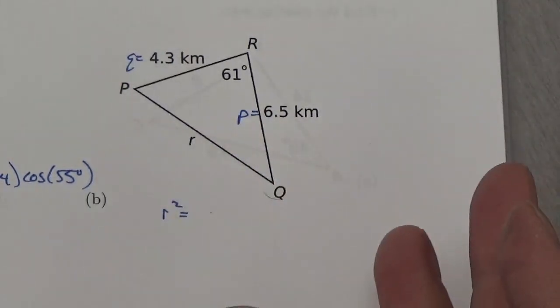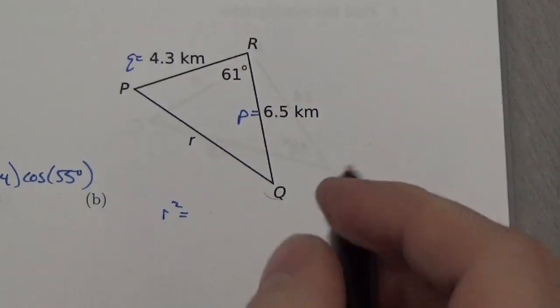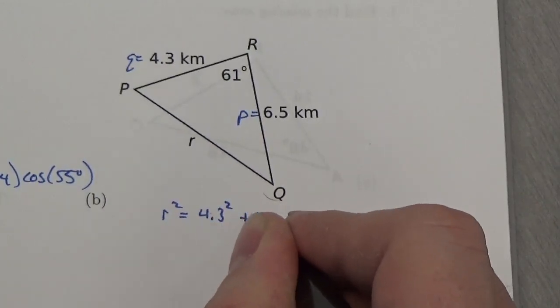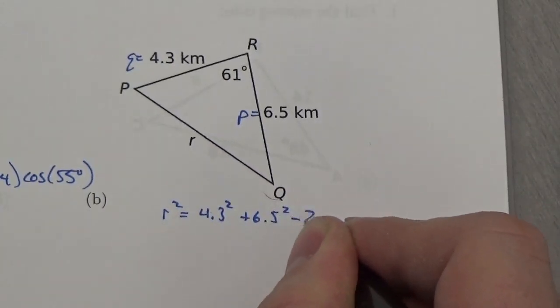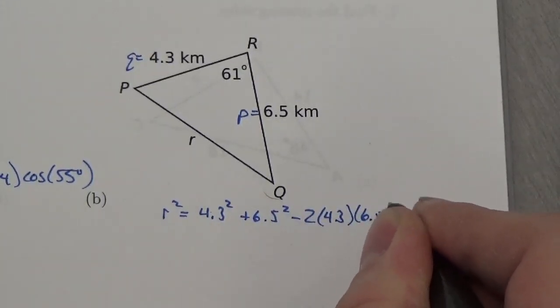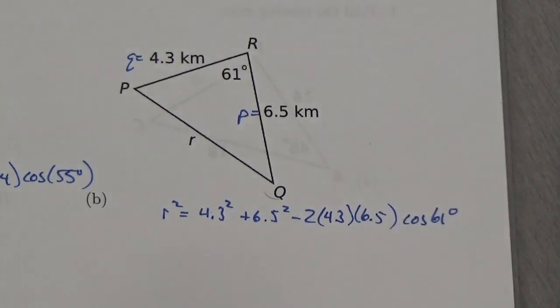Well, what happens if I've got them labeled differently? Well, it doesn't really matter. Here, I put the two sides independently, so it's going to be 4.3 squared plus 6.5 squared minus 2 times, then I do these two sides separately, multiplied together, and then multiplied by the cosine of the angle in between.